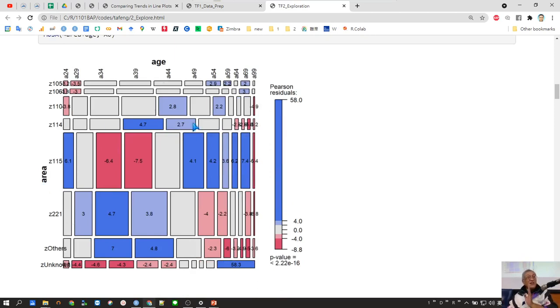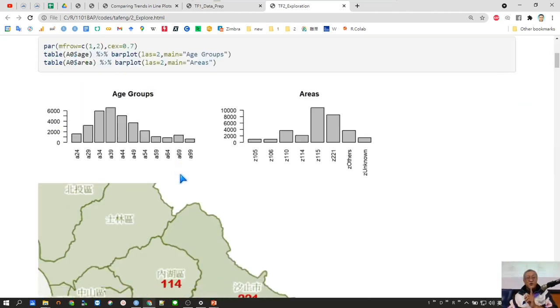Let me say it again, right? This is the distribution of age, distribution of area. We know that it is useful, right? Because by looking into the distribution, we know the structure, right? The global structure. Now, this is one variable. This is the second variable. They are two different categorical variables, right? Okay.